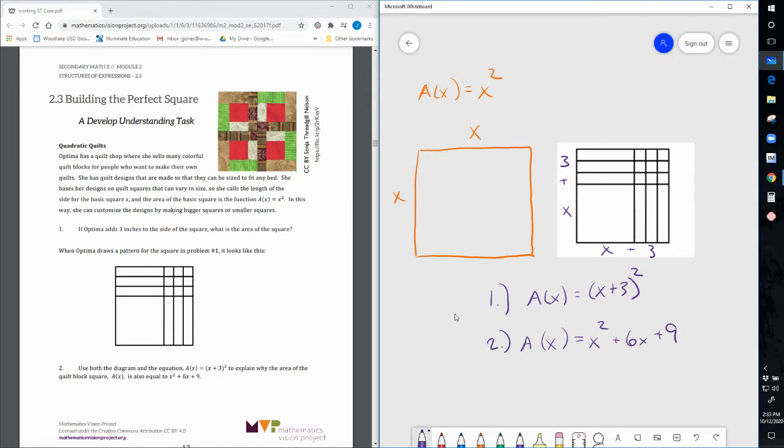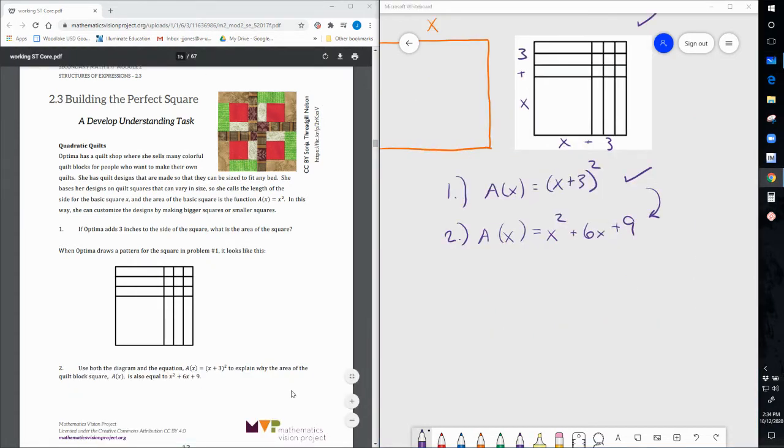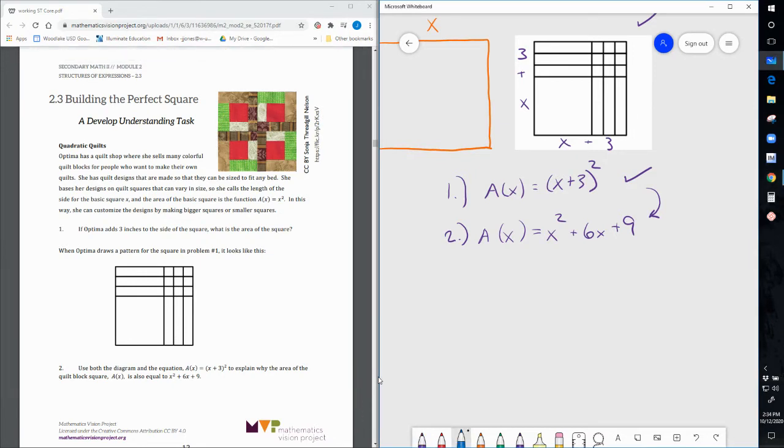How can you use the original equation you just got to say that it equals this, and how could you also use the area model to show that? Take a couple seconds, pause the video, and see if you can figure that out. All right, hopefully you've had a chance to pause the video and take a look. That would be ideal. But now let's start looking at it and see what happens.